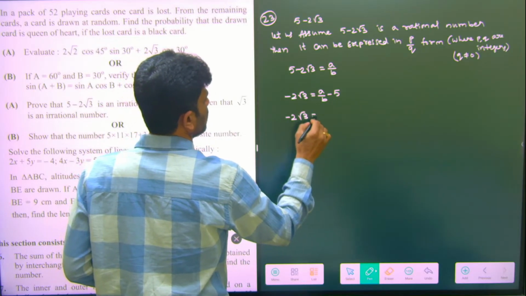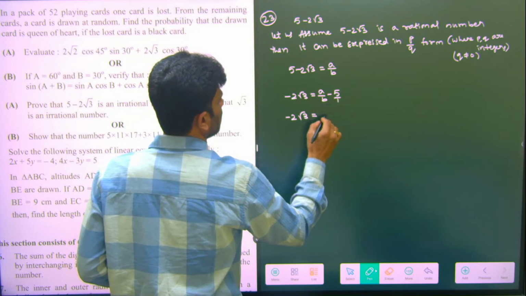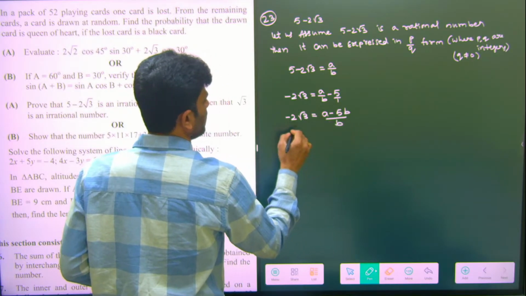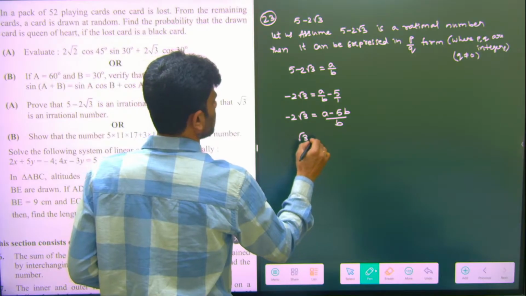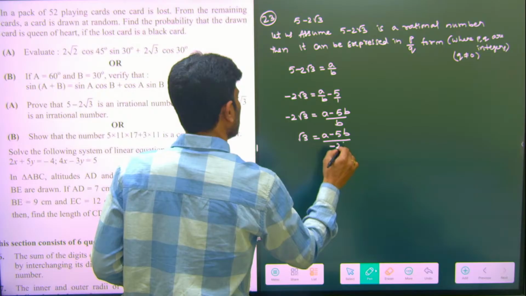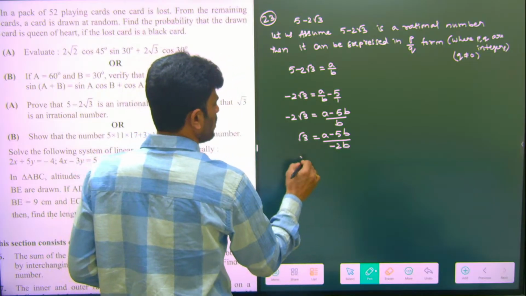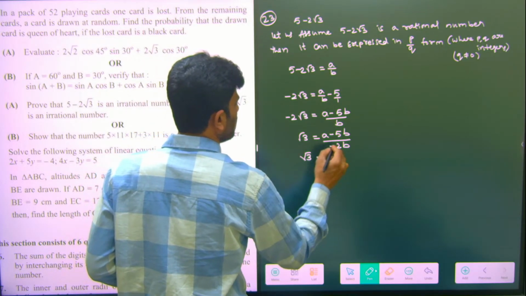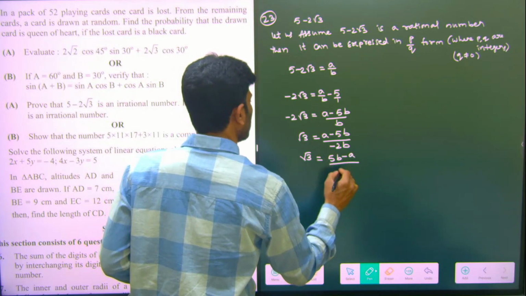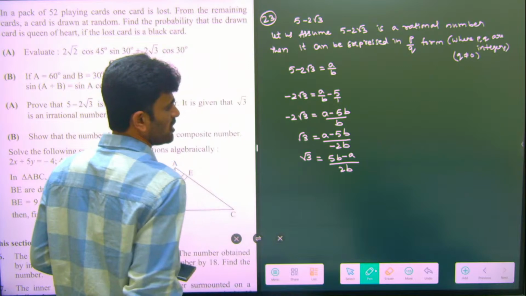Minus 2 root 3 is equal to, we take LCM, A minus 5B by B. When we transpose minus 2 also, that side root 3 is equal to A minus 5B by minus 2B. If you want to remove that minus in the denominator, this A minus 5B will become 5B minus A by 2B. These two will be interchanged.